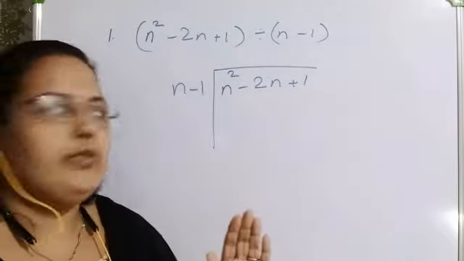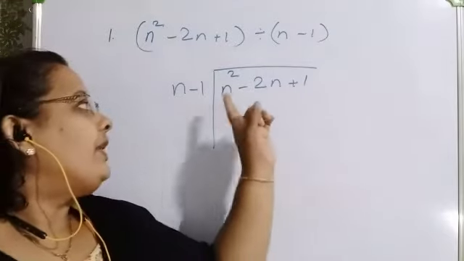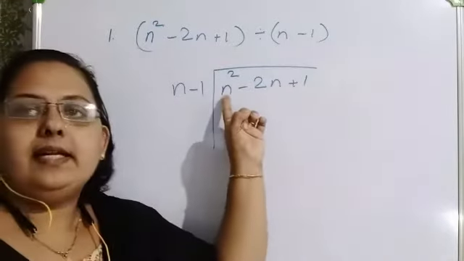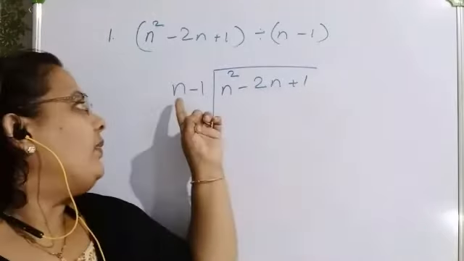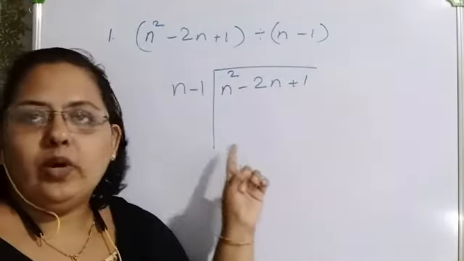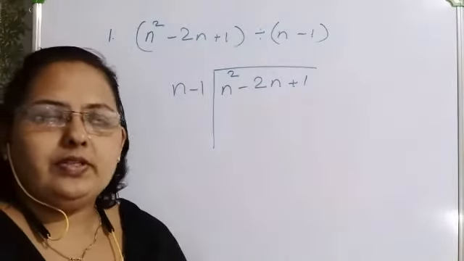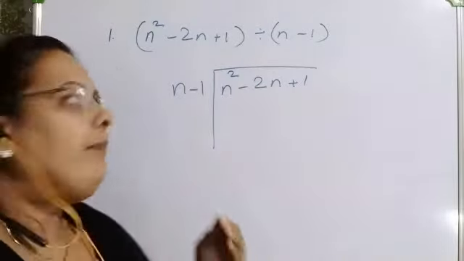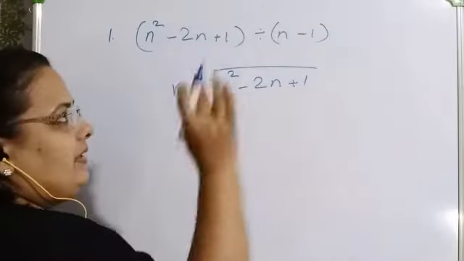Okay, that one is clear to you. And now how to do the division. Okay, so here what is there inside? Inside it is n square and then minus 2n plus 1 and the divisor is n minus 1. It will be a new thing for you. You just have to understand it and do it. Okay, here what you have to do is eliminate or just remove.